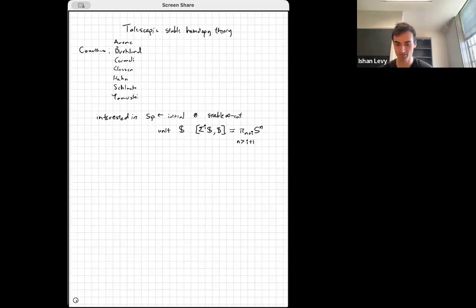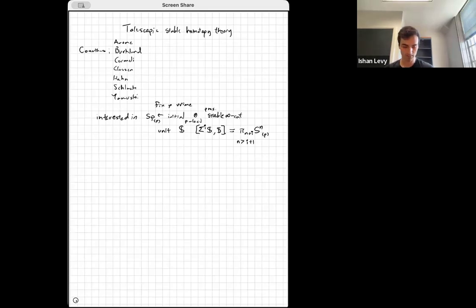And just to simplify things, I'm going to fix a prime p, and I'm going to work p locally. So it's the initial p local symmetric monoidal presentable stable infinity category, and I'm going to denote the p local sphere just as the sphere. And now these are the p local stable homotopy groups of spheres.